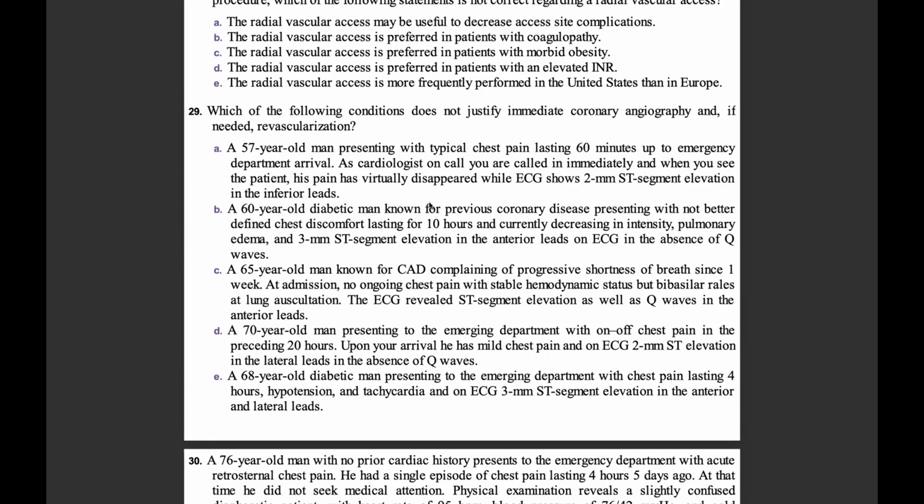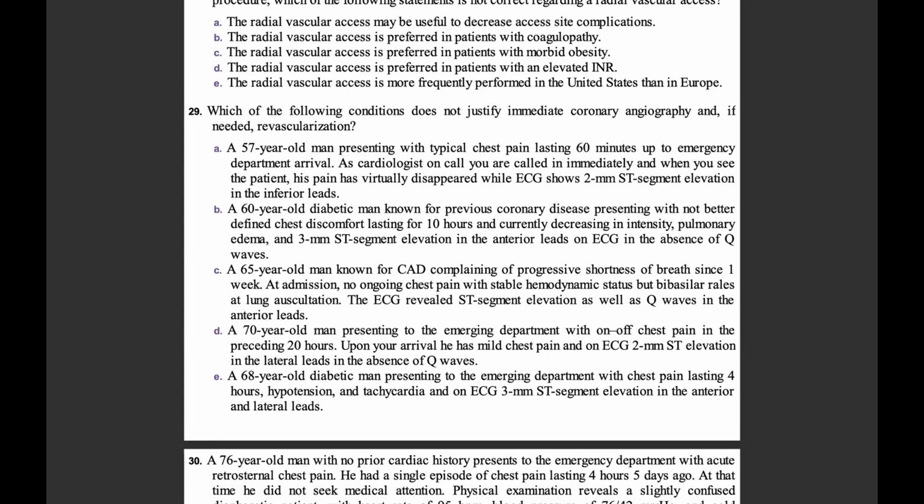the fourth recommendation is that if a patient presents with STEMI greater than 24 hours after symptom onset, and has symptoms suggestive of ongoing ischemia or life-threatening arrhythmia, PCI is reasonable to improve clinical outcome. That's a class 2A recommendation.